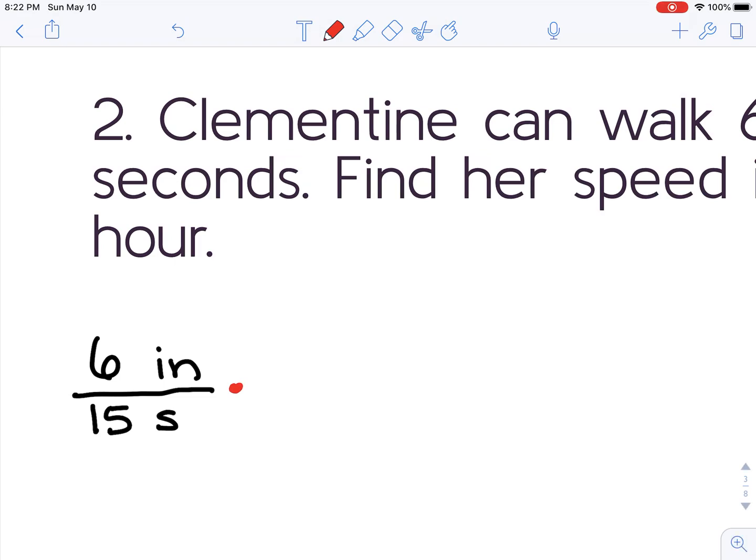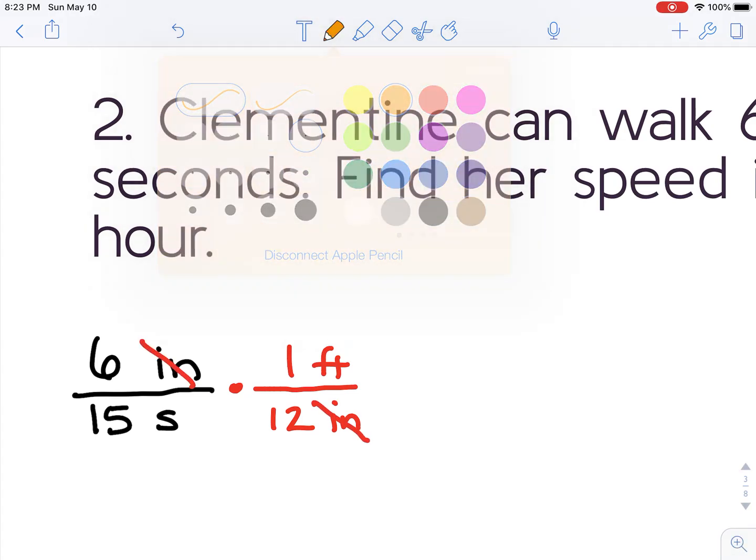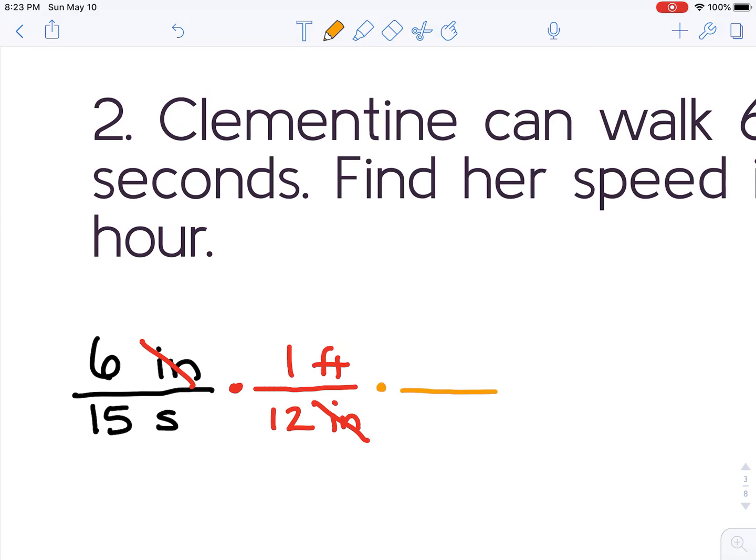I'm trying to get, again, to miles per hour. I'm going to switch my inches into feet first. 1 foot is 12 inches. So my inches have canceled out. 5,280 feet is 1 mile. So I'm in miles per second now.